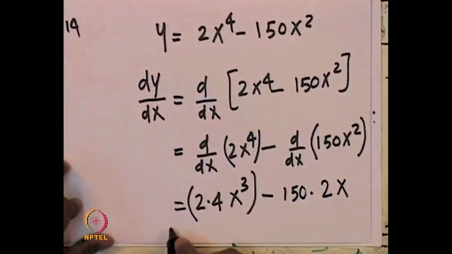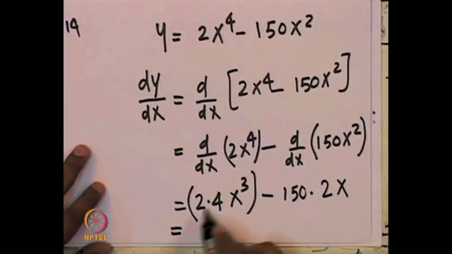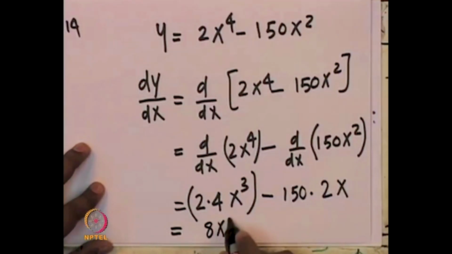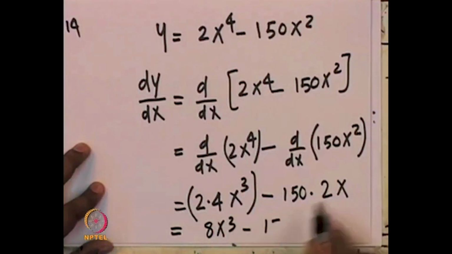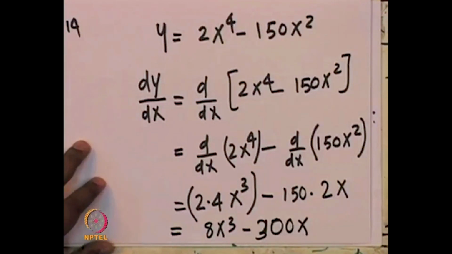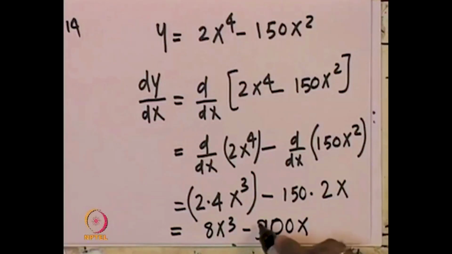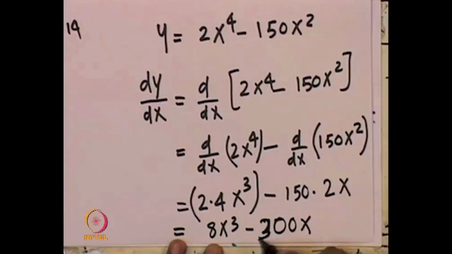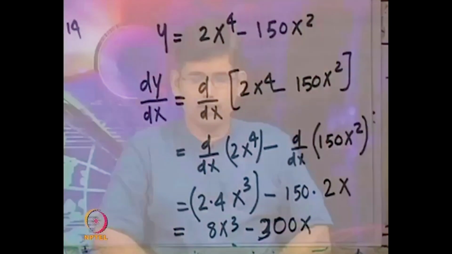So this is nothing but 2 into 4 is 8, 8x cube, minus 150 into 2 is 300, so 300x. So 8x cube minus 300x. That is the derivative of this free energy function. And if we equate this to 0, what we will get essentially is the minima and maxima of this function.